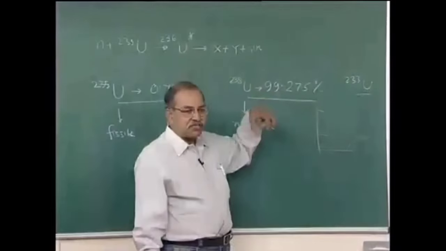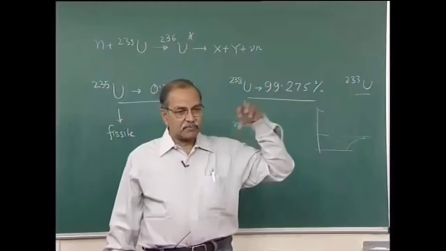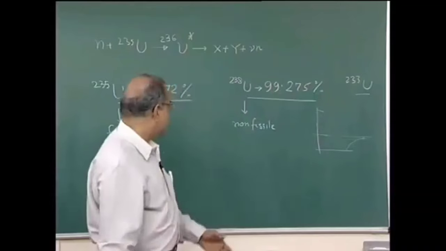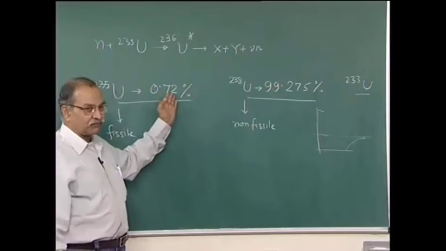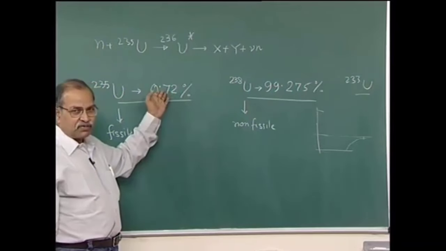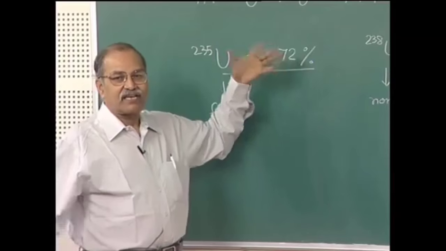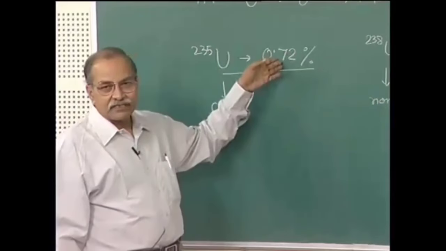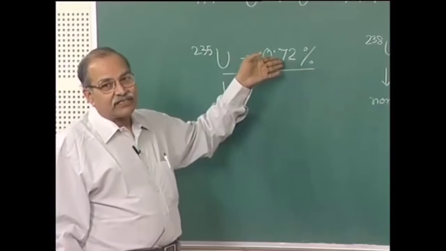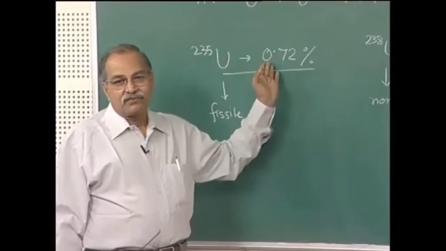So, most of the fission that people depend upon in a fission reactor is from this uranium. But with this small concentration, the design is more difficult. The size of the reactor will become very large, although there are some reactors operating with natural uranium.